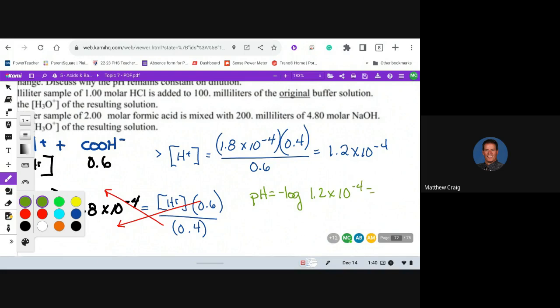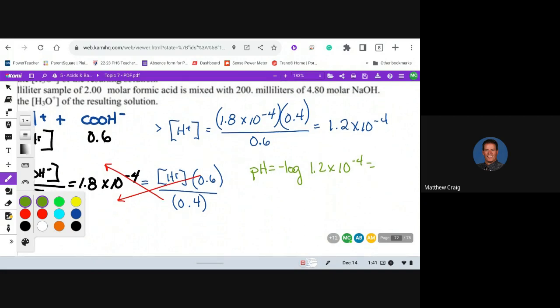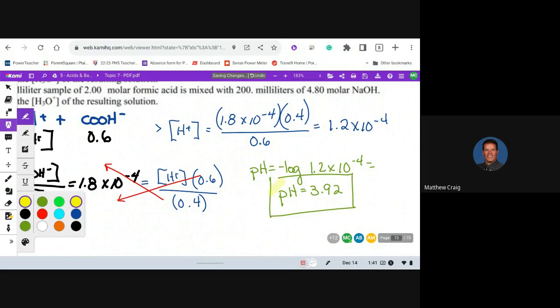Negative log gives 3.92. Yes. Starting off strong. I like it. So we'll box that in and color that so it makes all the children happy.